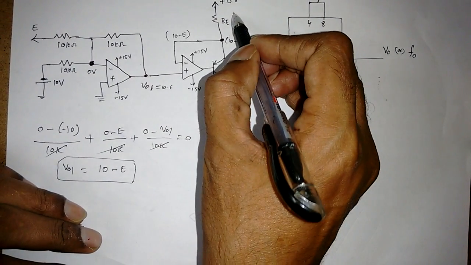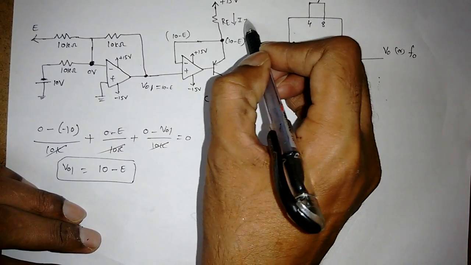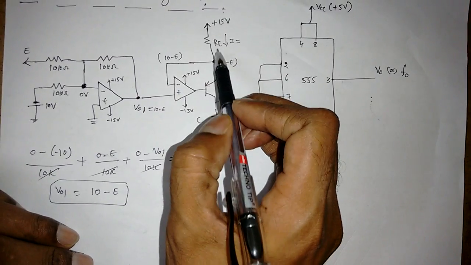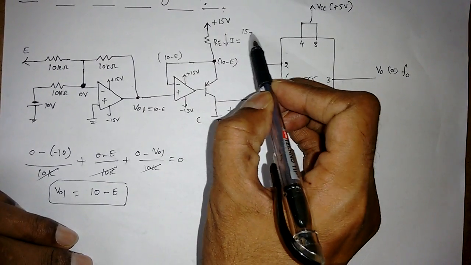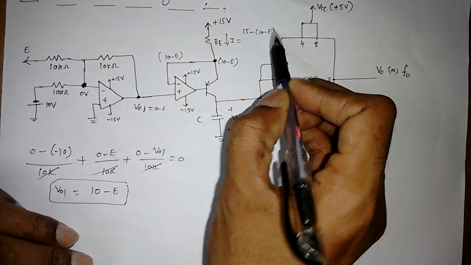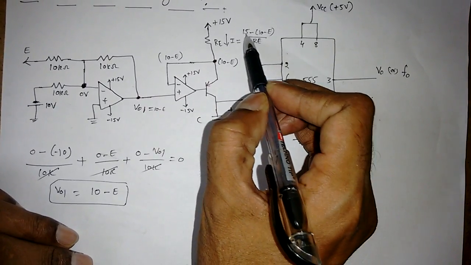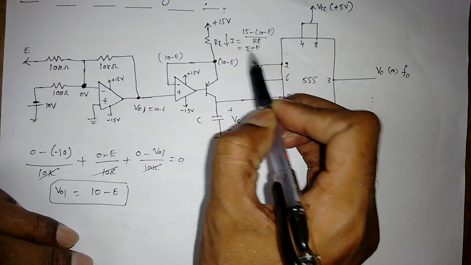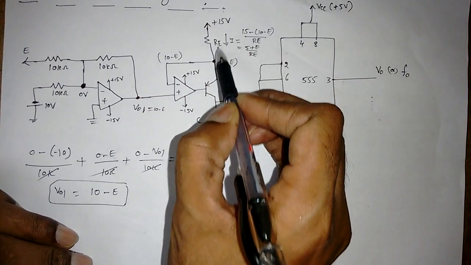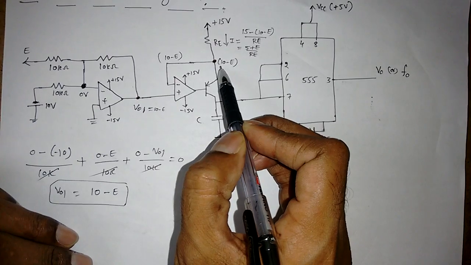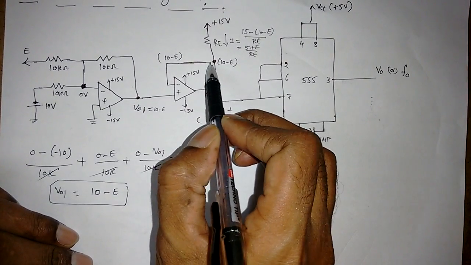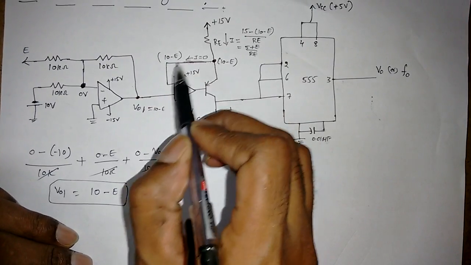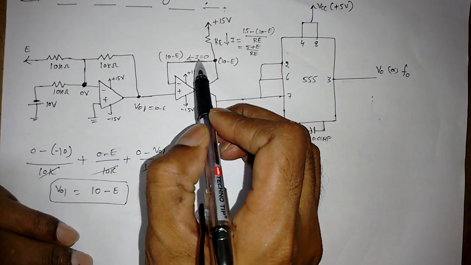If I find the current here, suppose I call it capital I, current I is equal to the voltage difference by their resistance. So (15 minus (10 minus E)) by RE. So 15 minus 10 becomes 5, so 5 plus E by RE, which is the current flowing from 15 to this voltage. This is an input terminal of the op amp, so in the ideal case the input current will be 0.